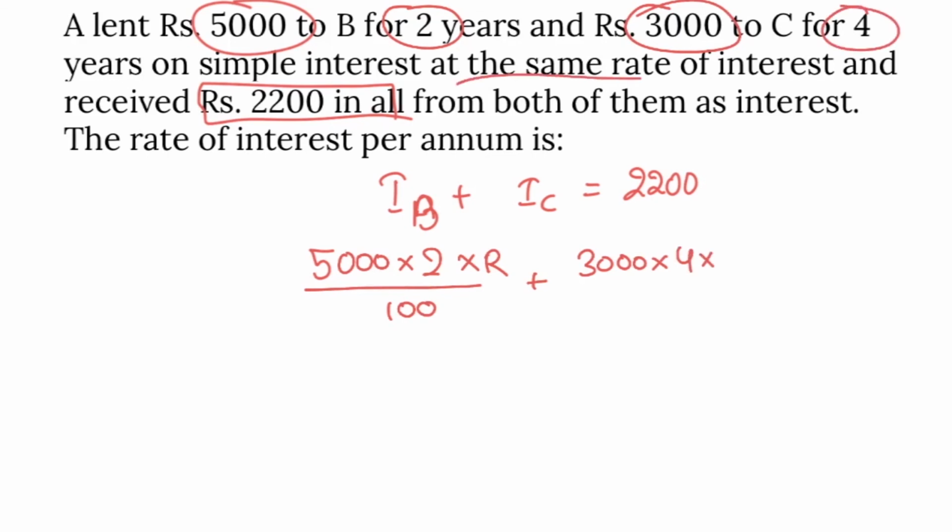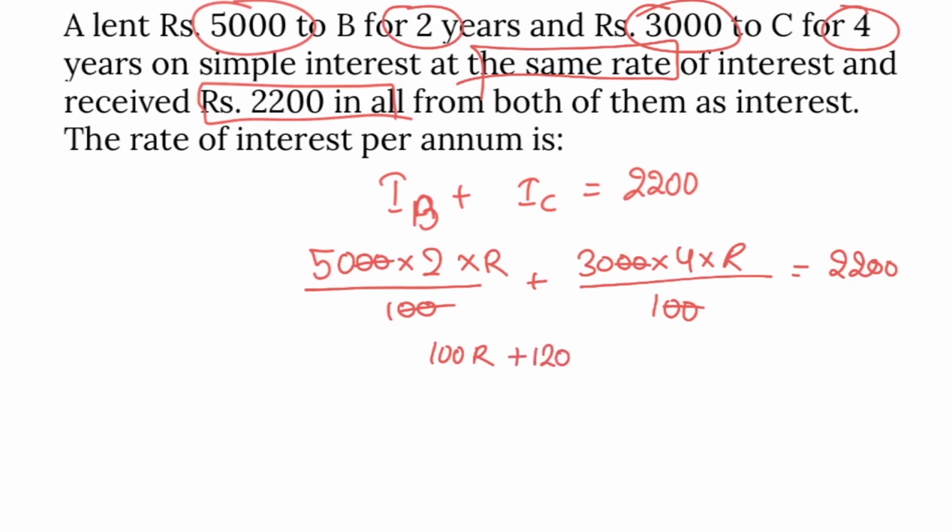Rate of interest is the same rate, so R percent, divided by 100 is equal to 2200. 2 zeros cancel, 2 zeros cancel. 100 R plus 120 R is equal to 2200. 220 R is equal to 2200. So rate of interest is 10%.